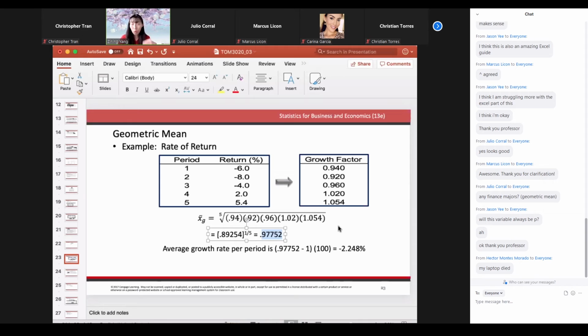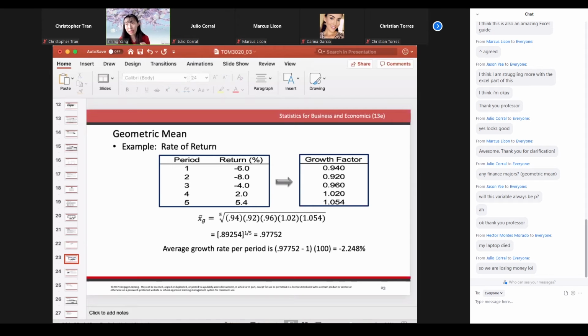So you typically subtract 100%, and then you see it's actually a negative return. Usually, if it's less than 1 or less than 100%, it translates to a negative return. But if it's greater than 1 or greater than 100%, it will translate to a positive rate of return.